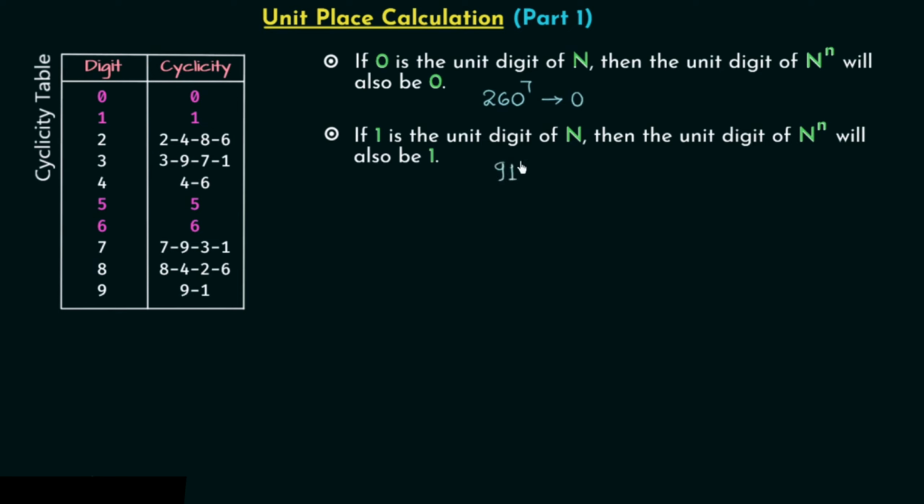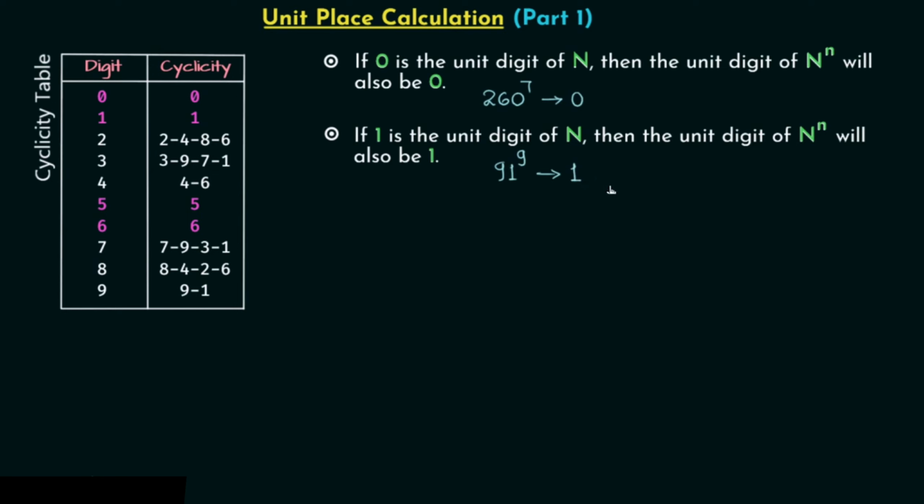Let's say we have 91 raised to power 9 and we need to find the digit at unit place. So first we will focus on the number n, which is 91 in this case. So the unit digit of number n is equal to 1. And therefore, as per this rule, 91 raised to power 9 will also have the unit digit equal to 1.